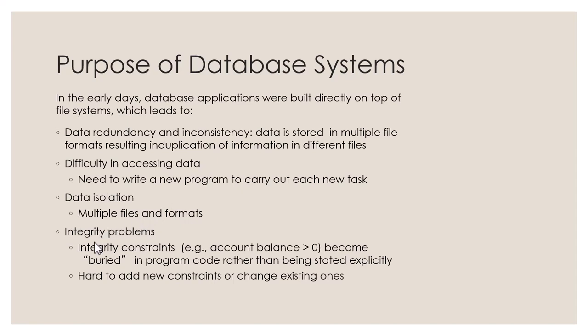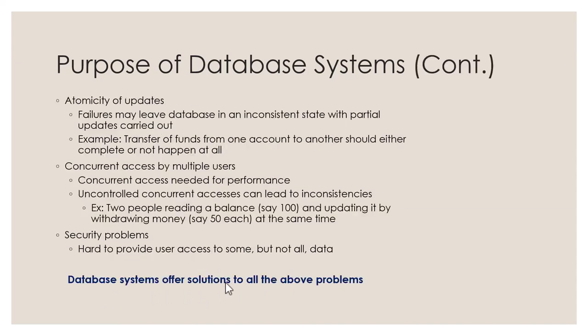Okay, and then integrity is another issue. Integrity constraints, so if the account balance is greater than 0, meaning there's some balance in the account, this becomes buried in the program code rather than being stated explicitly. So it's hard to add new constraints or change existing ones.